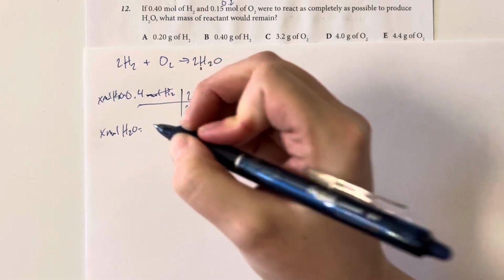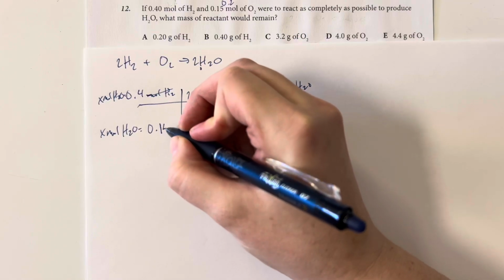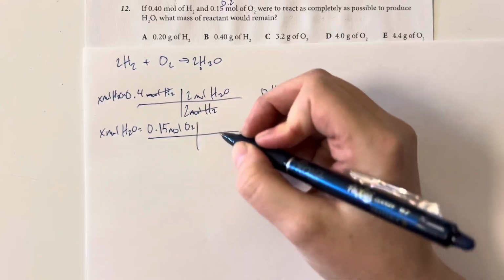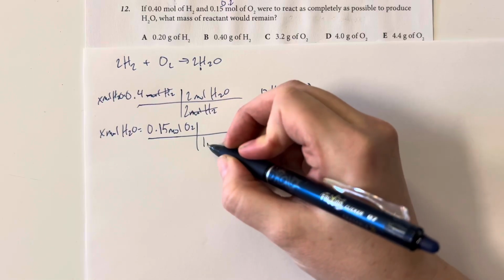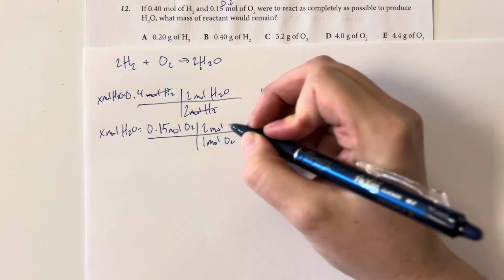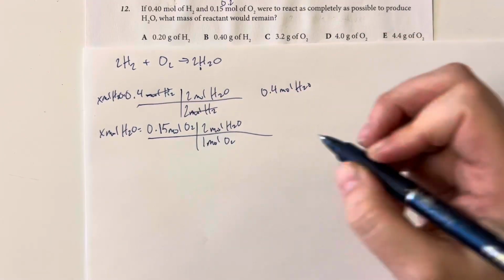Now we'll figure out how much is actually produced based off of our limiting reagent. Which, if you didn't know that this was going to be the limiting reagent, this is also how you would figure out that it was going to be the limiting reagent, just by doing this simple calculation to begin with.